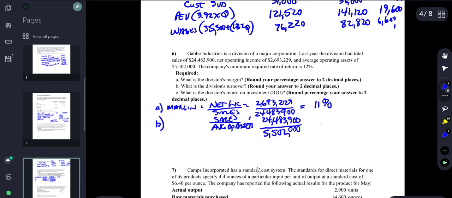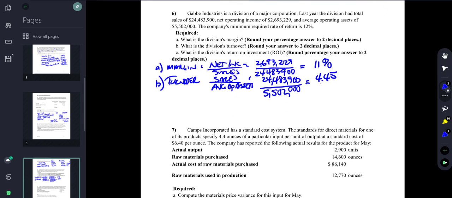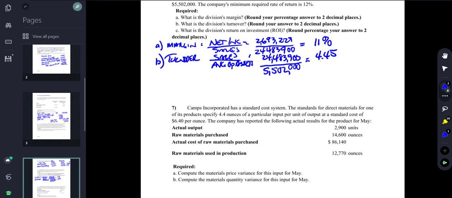So we get a turnover of 4.45. And these things are being rounded too, so if you get the calculation and you're just a little bit off because of rounding, I can tell that when I'm looking at your calculations.